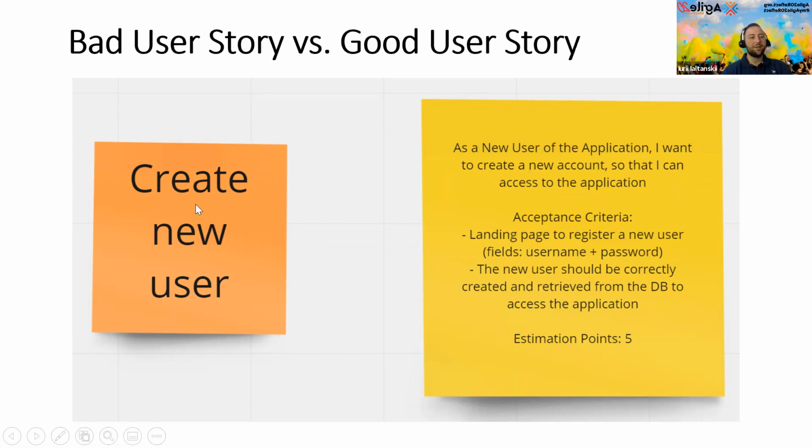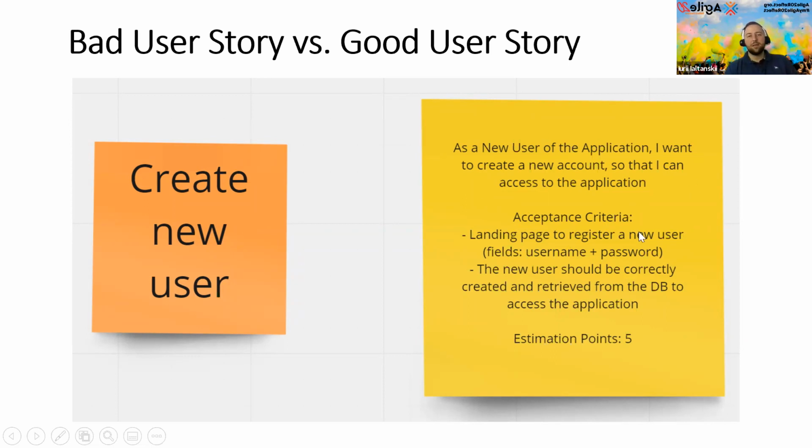So here it says just create new user. And this is okay to put on the product backlog. But anyway, we need to refine it later, right? So the team is unable to start working on this story because we do not know much about it, right? So it's just create new user, but what is that? How should it be done?